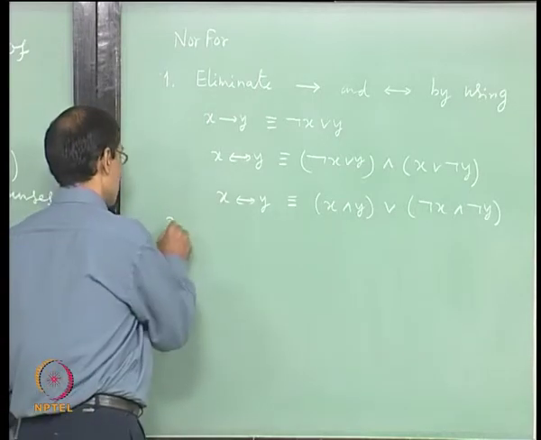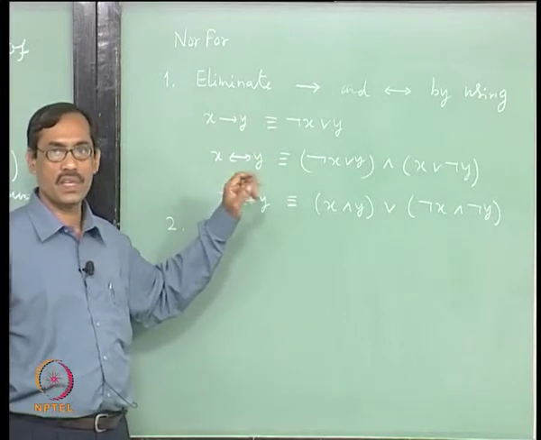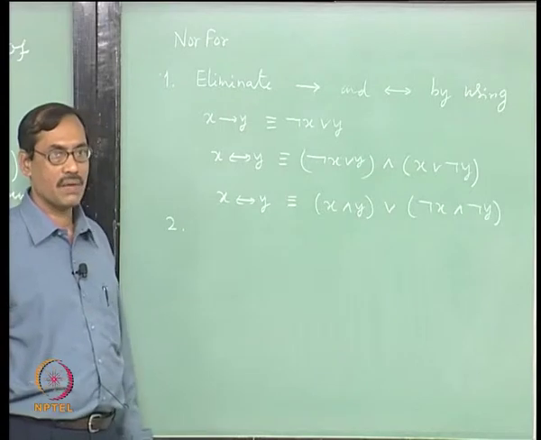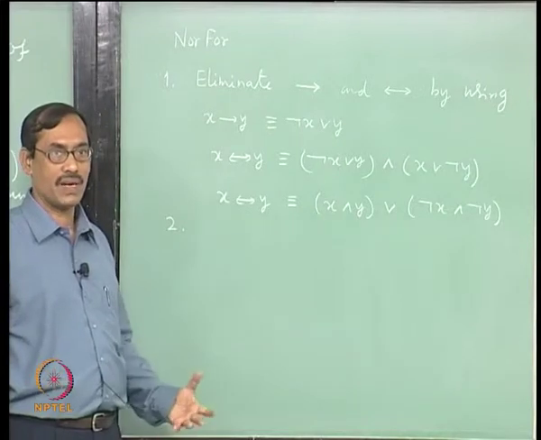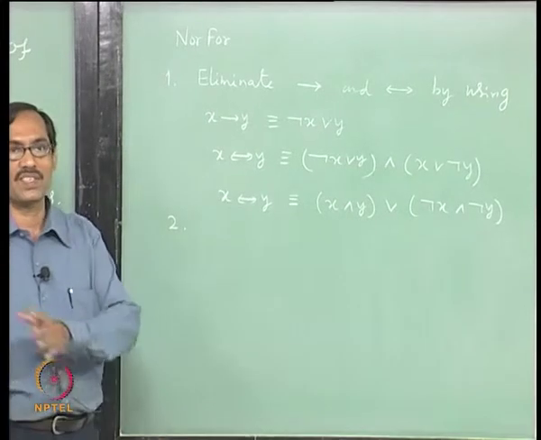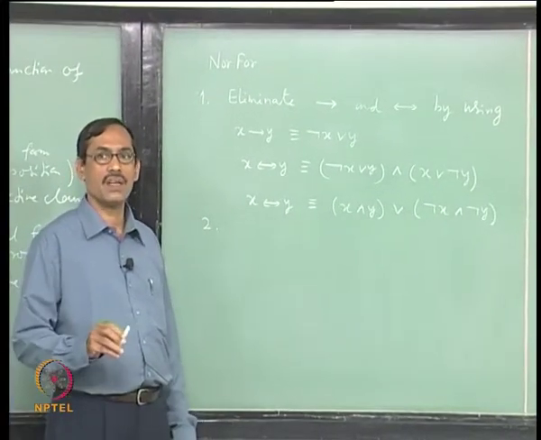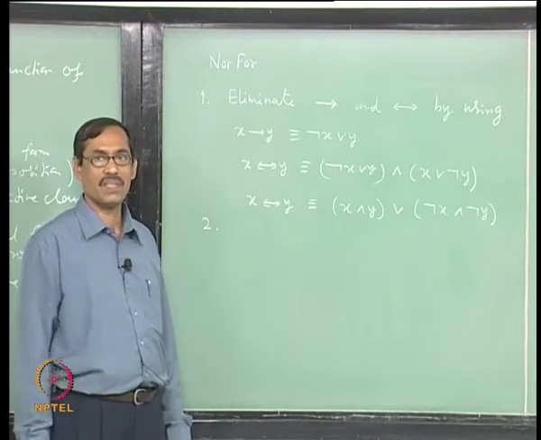So, the second thing is, once you have applied this step, your proposition does not have the symbols implies and biconditional. Then what should we do? All that we want is a conjunction of disjunctions of literals or a disjunction of conjunctions of literals. So, we need literals, which means the negation symbol should not come anywhere else except near the propositional variables.